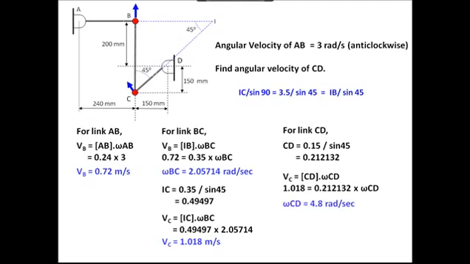Omega CD is the only unknown, and that can be found, and that was what was asked. It's 4.8 radians per second. Now see, in this slide, some working is done till 4 or 5 decimal places. It's not required. Two decimal places rounded off is good enough for the university examination.